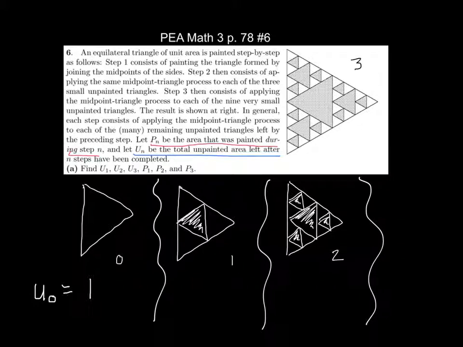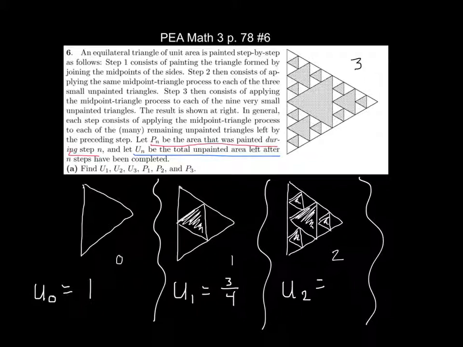Okay? U1, U sub 1. After the first step, how much of that triangle is left unshaded? 3/4. It was divided up into fourths, and then 3/4 of it's unshaded. U2.